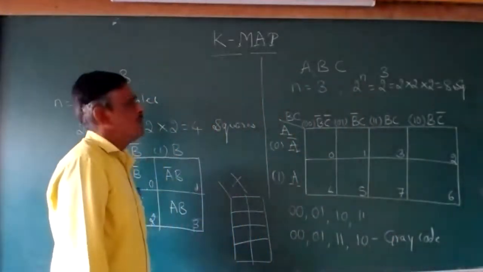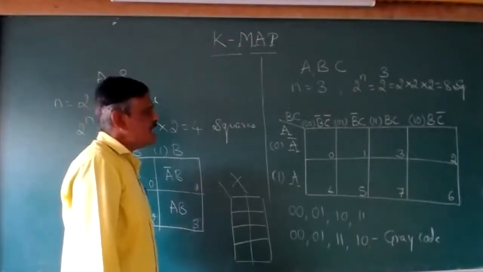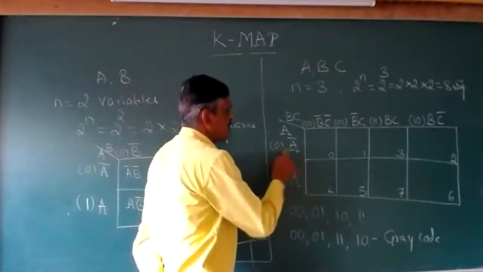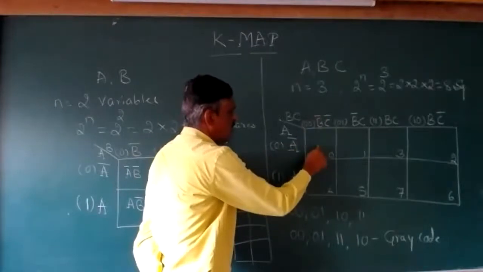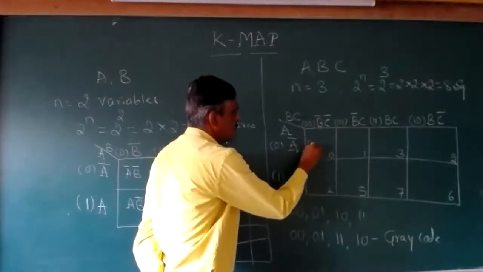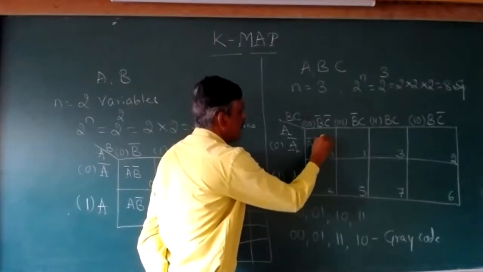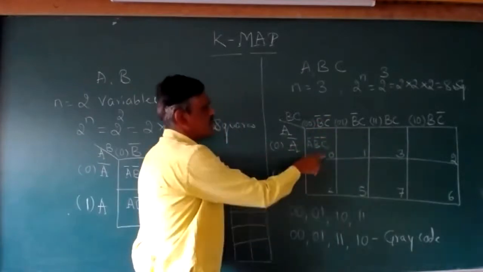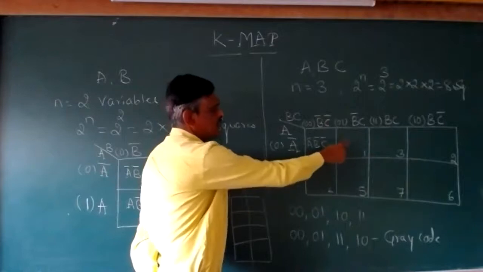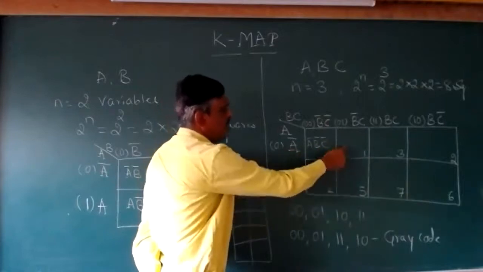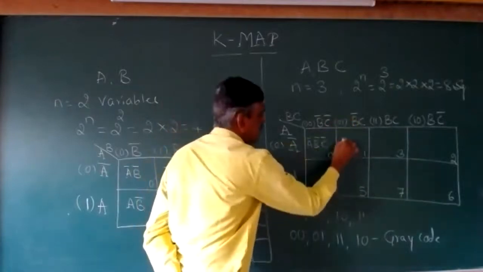Now you can write the min term for each square. This square is in front of these two, row multiplied with the column. So a complement, then the column is b complement and c complement. This is the min term for representing 0. And for this, a complement, b complement, c.